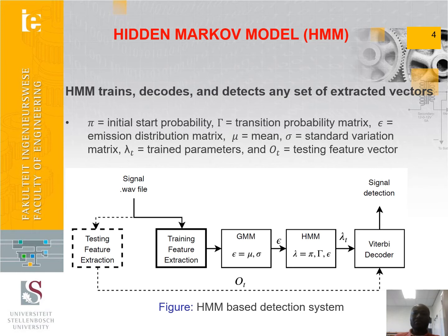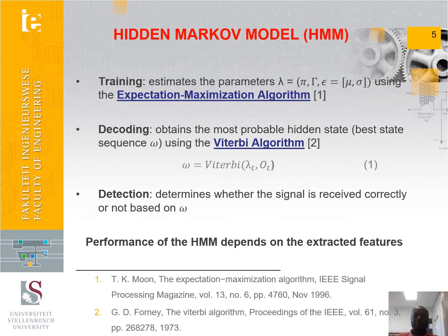It will train, it will decode, and it will detect any given set of extracted vectors, as we have shown in our diagram. The training process involves estimating the maximum likelihood of the following parameters using the expectation maximization algorithm.